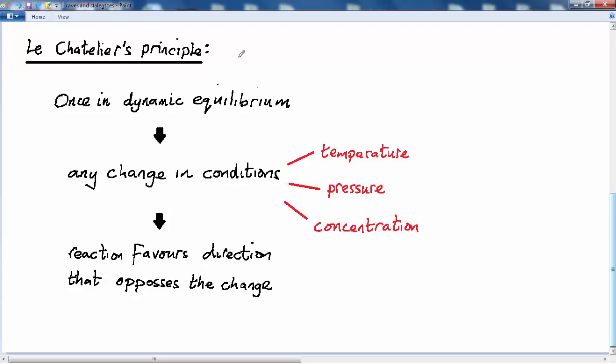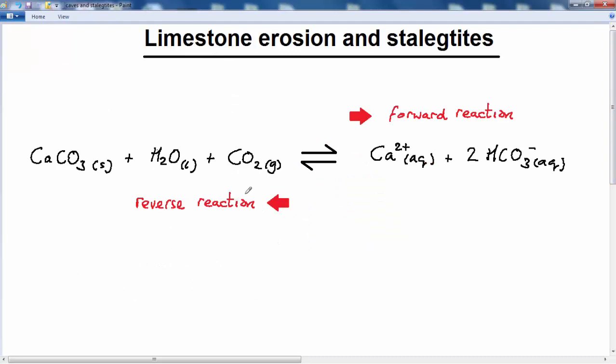In the particular case of the reaction that we're looking at today, we're particularly interested in the effect of the change in concentration. Going back here, the item of interest in this reaction is the concentration of carbon dioxide.